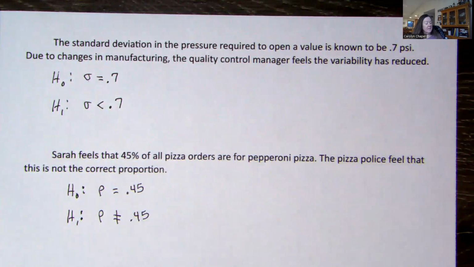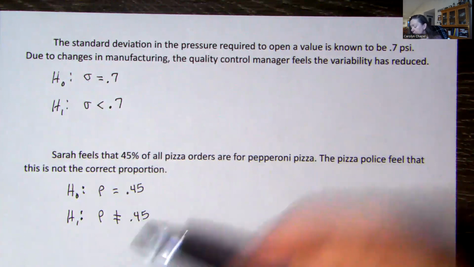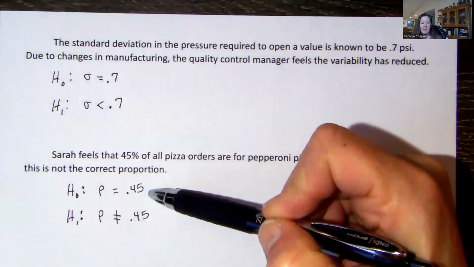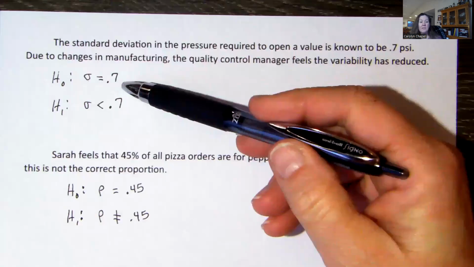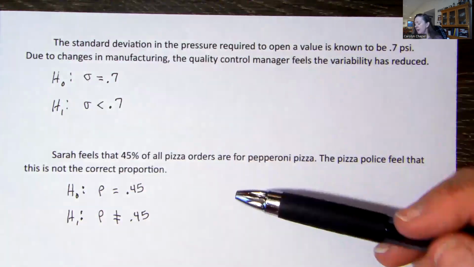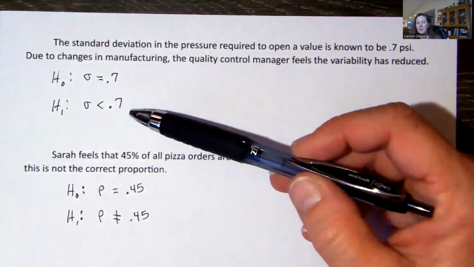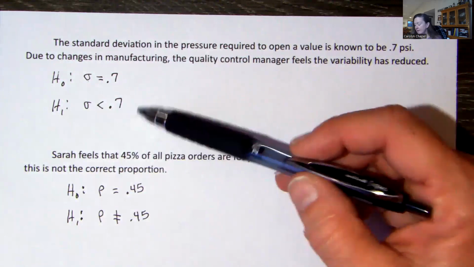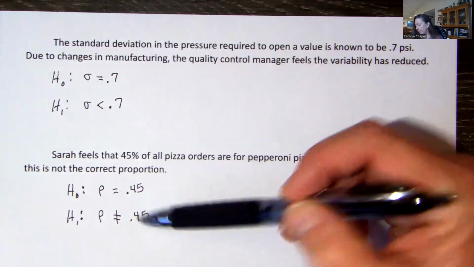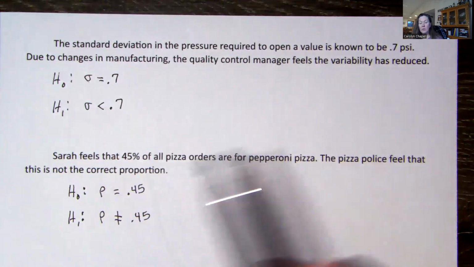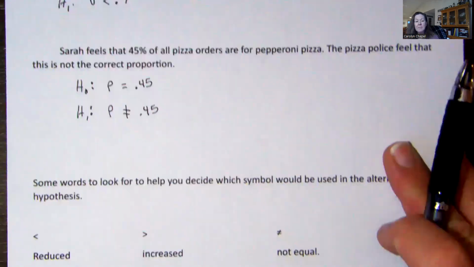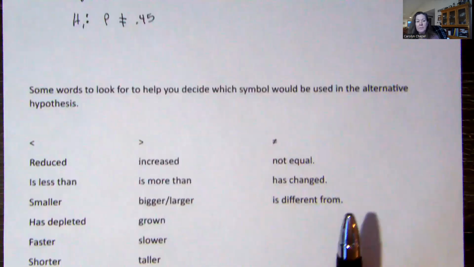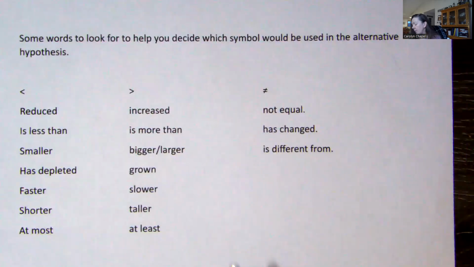Okay, some of the things that can help us determine what these hypotheses look like is to first of all remember that the first one is an equal statement. That null hypothesis will be an equal statement. The alternative is going to be one of the two inequalities or the not equal to. To help us determine which of those three, we've made a list of some words that can help you with this.